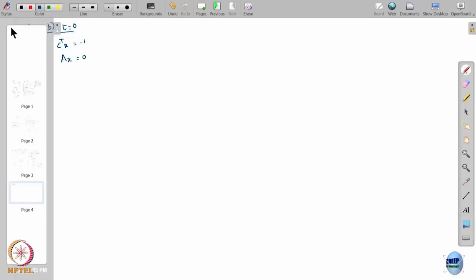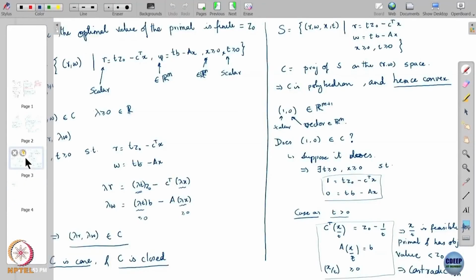Remember, x and t are simply such that x is greater than or equal to 0 and t is greater than or equal to 0. The x here is not necessarily feasible for the primal, it is just some vector of length n. We are not saying A x equals b. Here we constructed an x by t which became feasible.